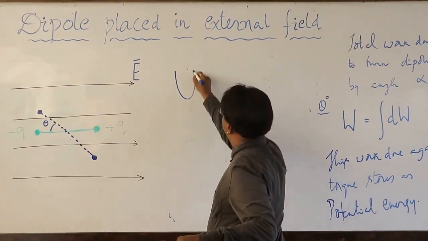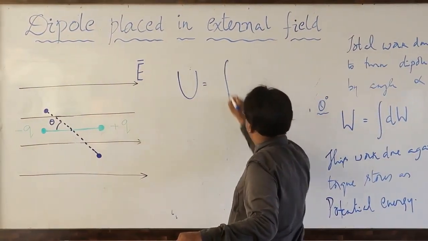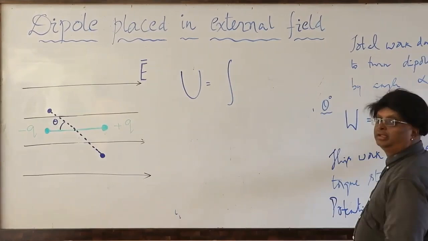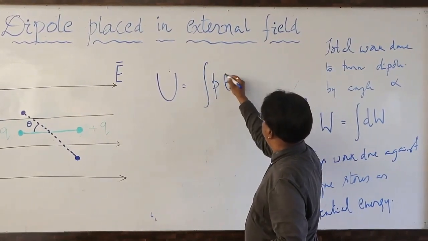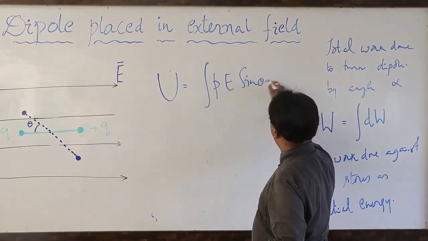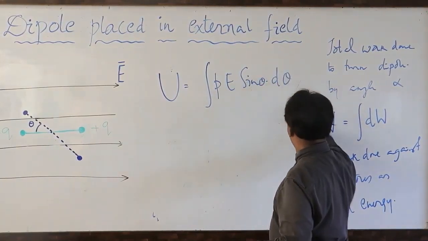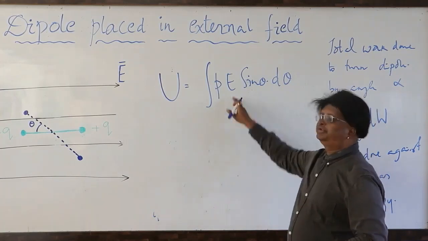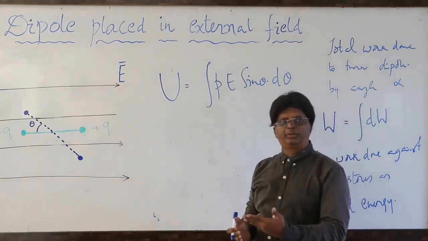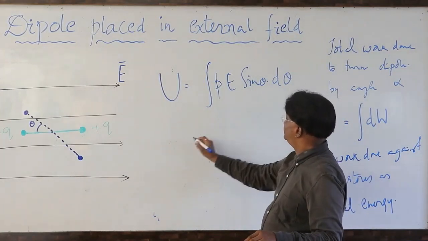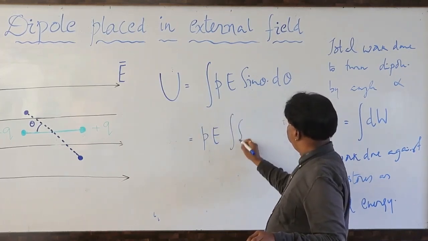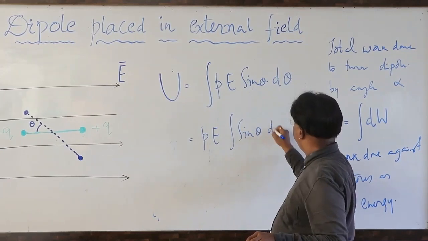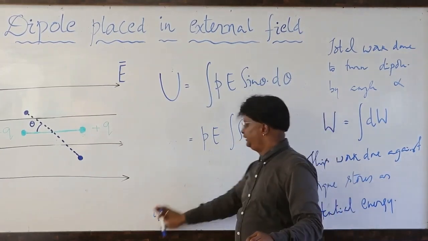So this U is integral, earlier we said that dW is equal to P E sin theta d theta, right? We know that this P is a constant term out of the operator, so this is simply P, integral sin theta d theta, a simple integral.